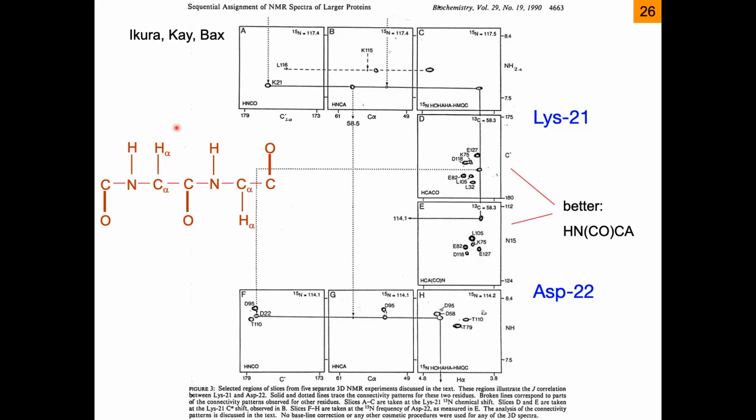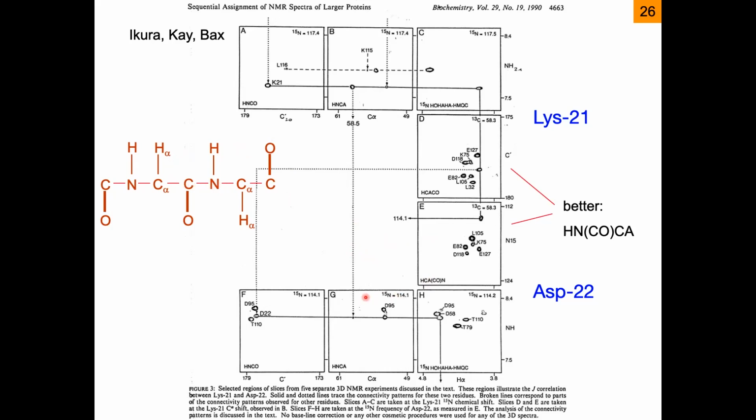And then from the alpha, they went on via H alpha, C alpha, CO. This is this experiment here, to the carbonyl of the amino acid. And then with the HCACON to the nitrogen of the next amino acid.